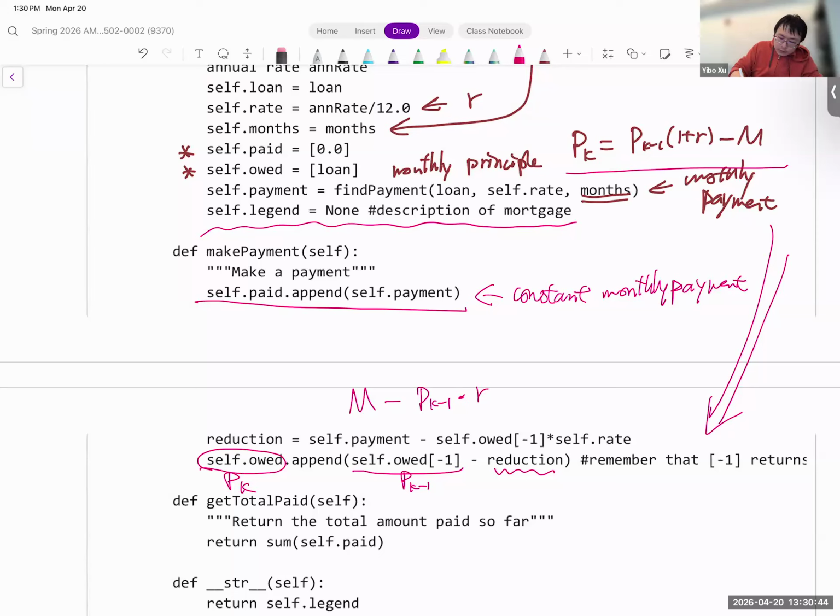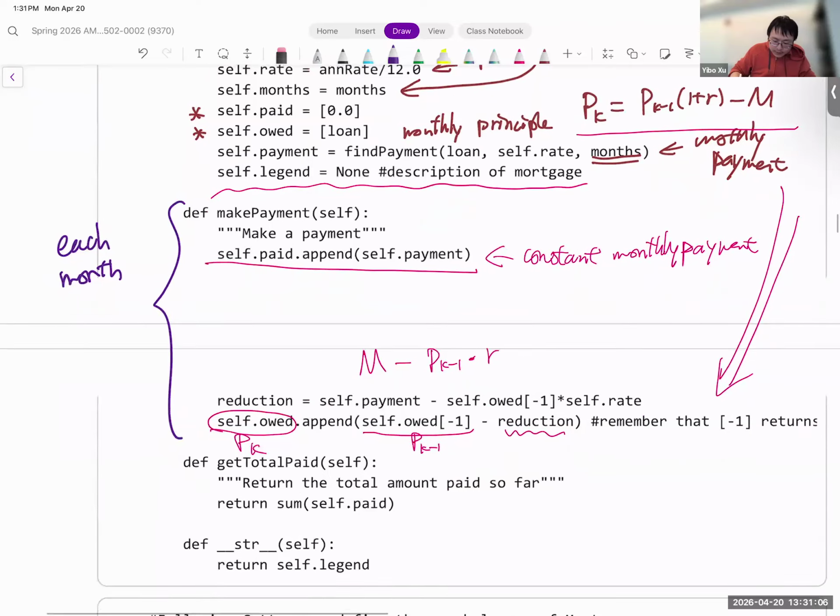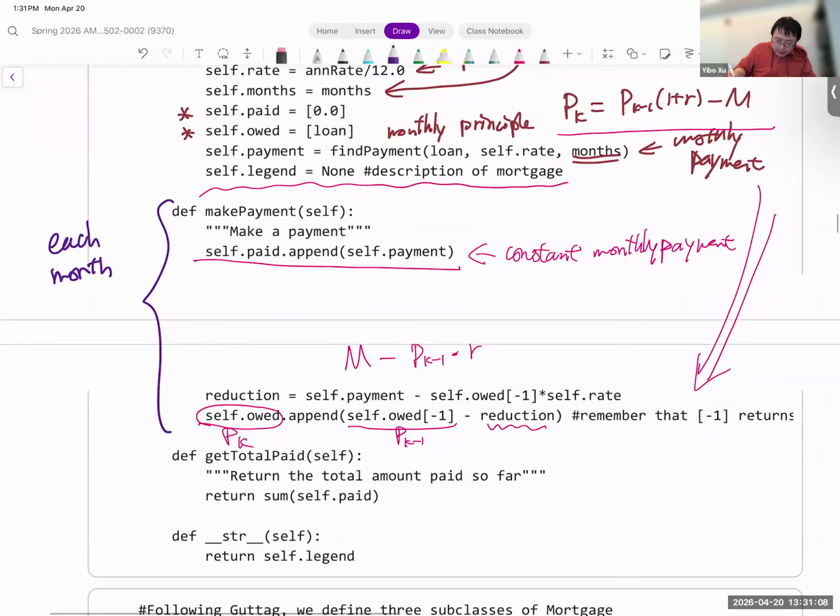And just to highlight, this is 1 month, this is each month. So essentially, you would need to make the payment for capital N times in order to establish the whole data. That's what we're going to do as a for loop a little bit later.